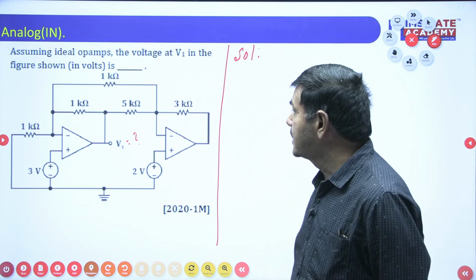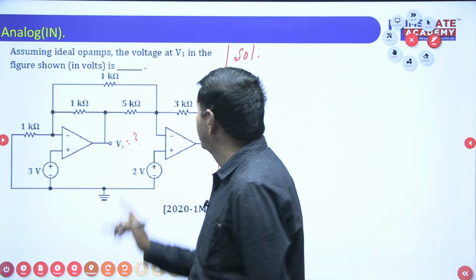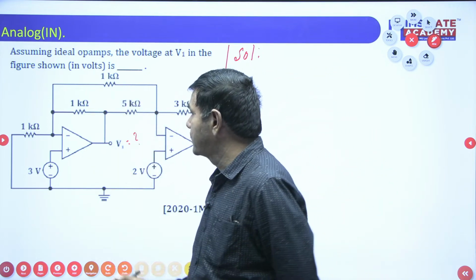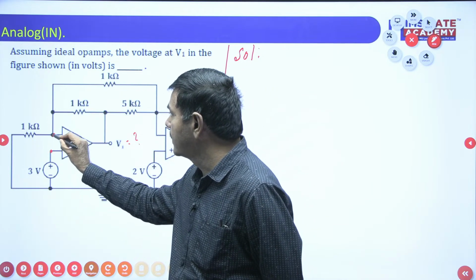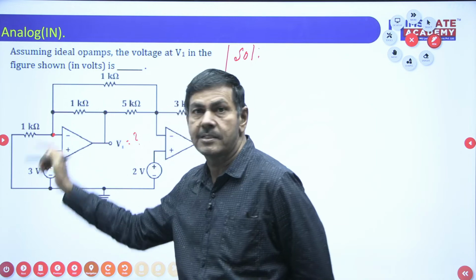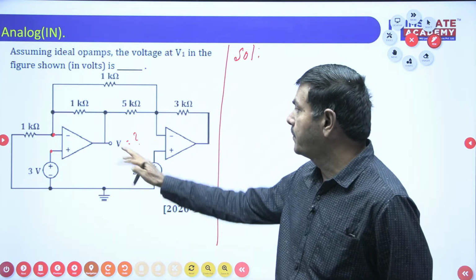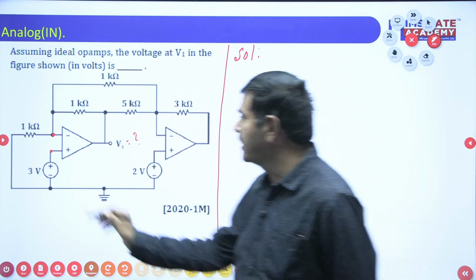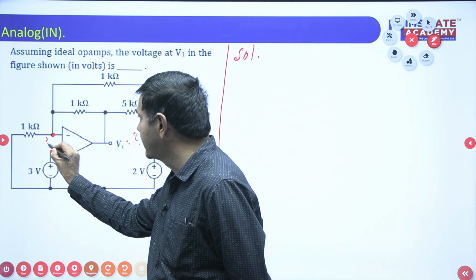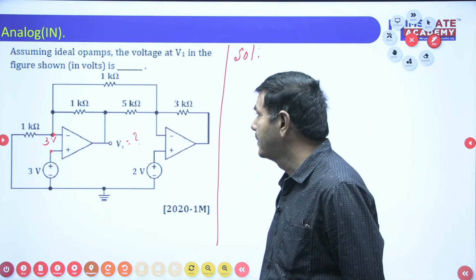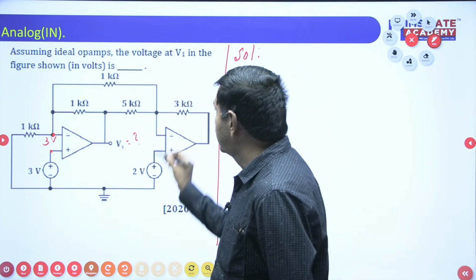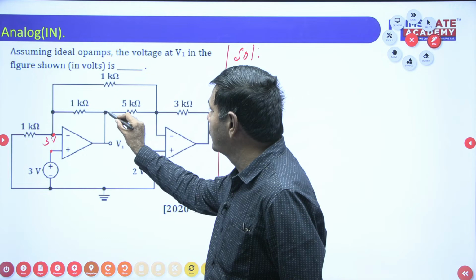But in this problem, it is clearly given ideal op amps. V plus and V minus are the same, you know very well. To measure V1, we need to apply this condition. V plus and V minus are the same, so the same 3 volts will be maintained here. This voltage is 3 volts, and the same voltage you can have here also.